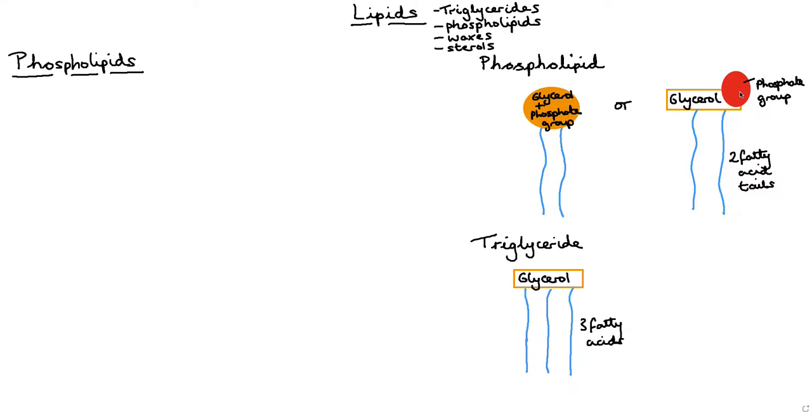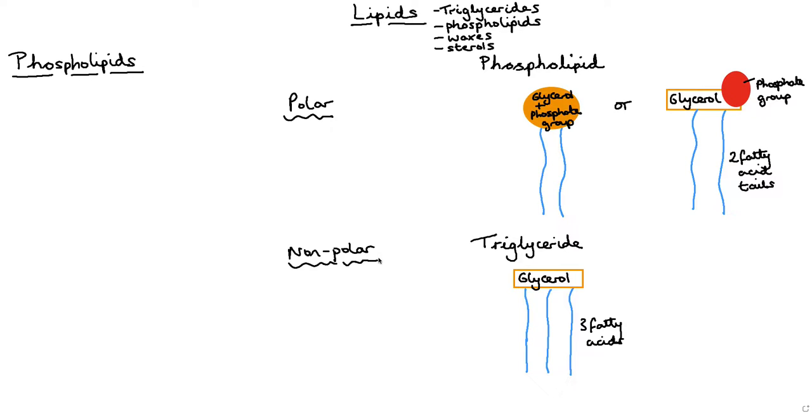Now to talk a little bit more about the structure of a phospholipid, there are two terms that we need to understand a little bit further, and those are the words polar and non-polar. Two fairly important terms in biological molecules to help understand their properties and how they behave.